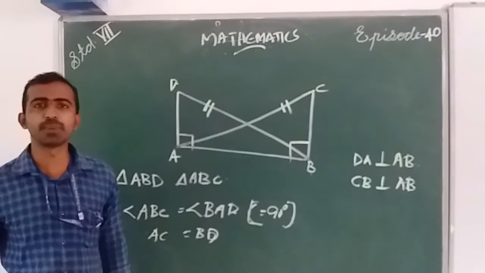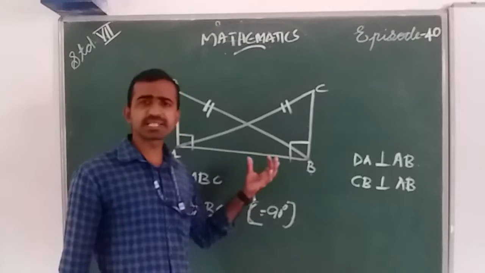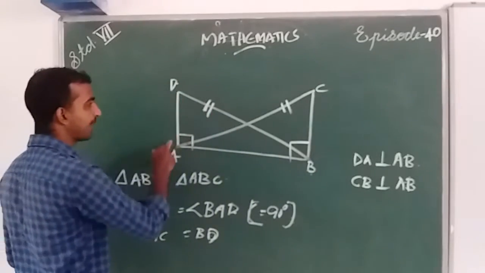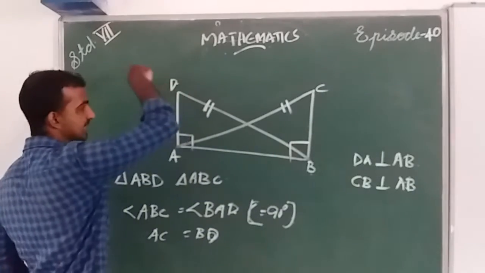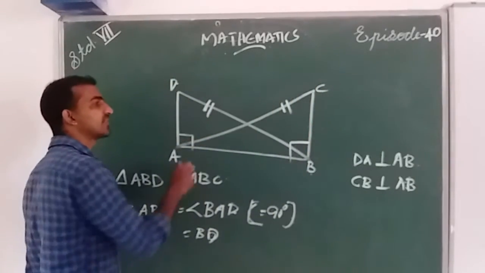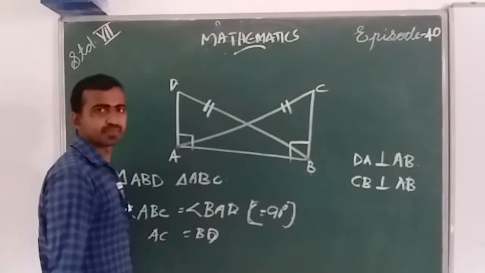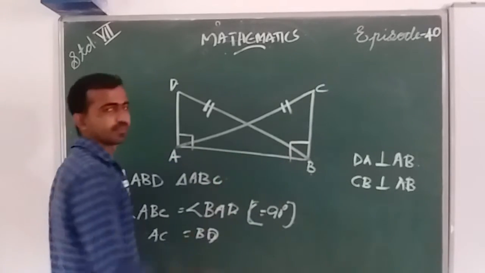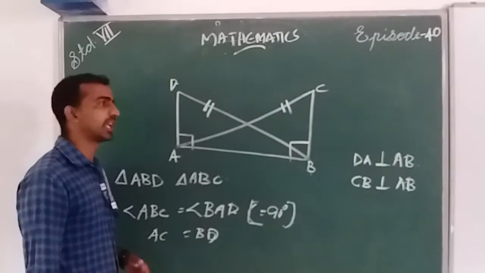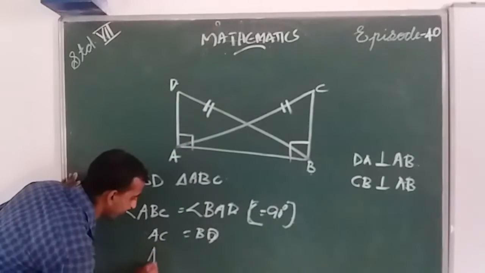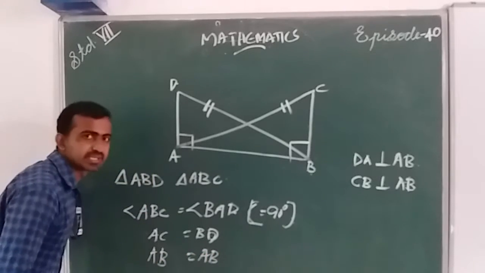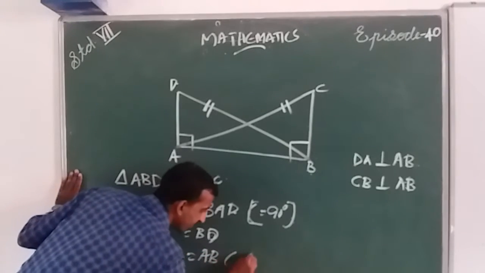Next, AB equal to AB. Why? AB is a common side of the two triangles, ABD and ABC. So AB equal to AB, the common side.